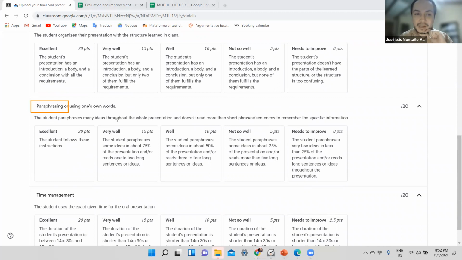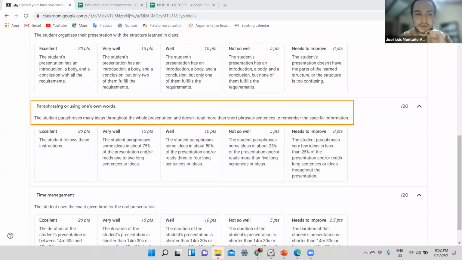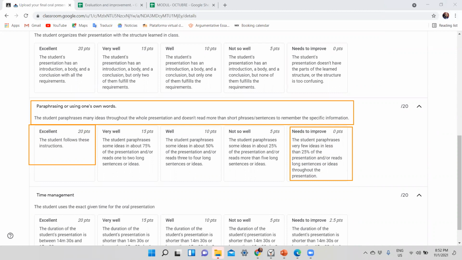Melanie, let's read the first part and the last criterion, please. Okay. Paraphrasing or using one's own words. The student paraphrases many ideas throughout the whole presentation and doesn't read more than short phrases or sentences to remember the specific information.